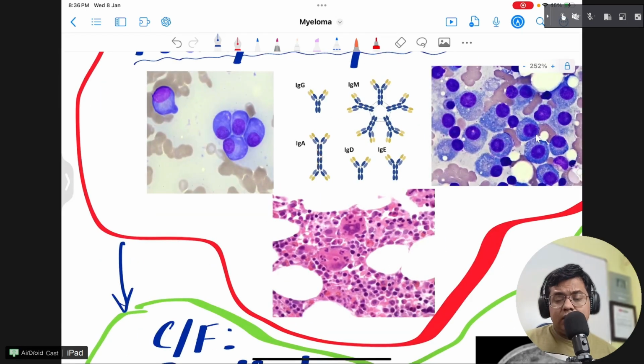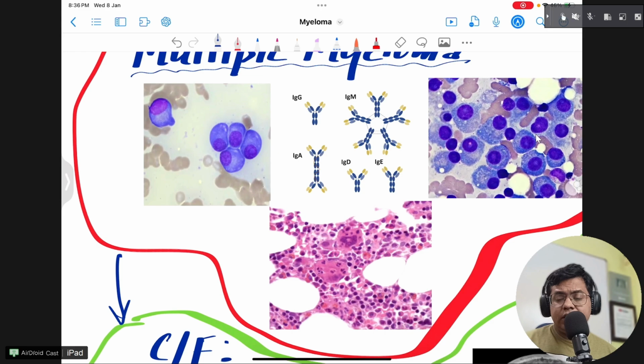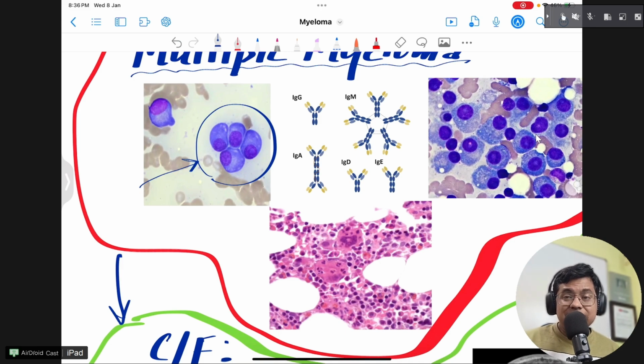As we all know, these are the plasma cells. These cells are actually mature B cells, and these mature B cells, meaning B lymphocytes, produce different kinds of antibodies.